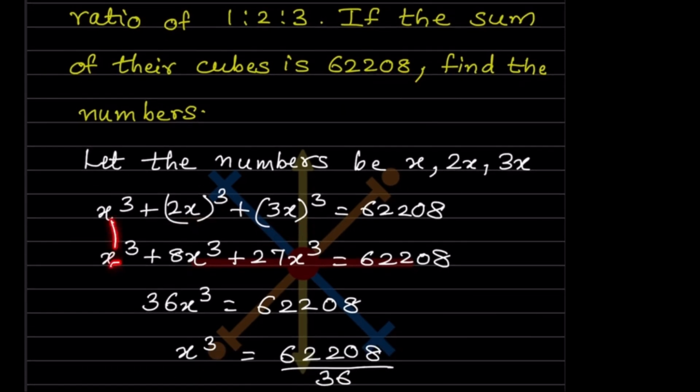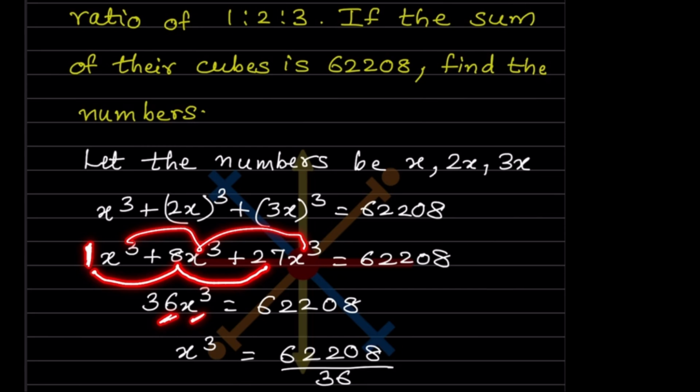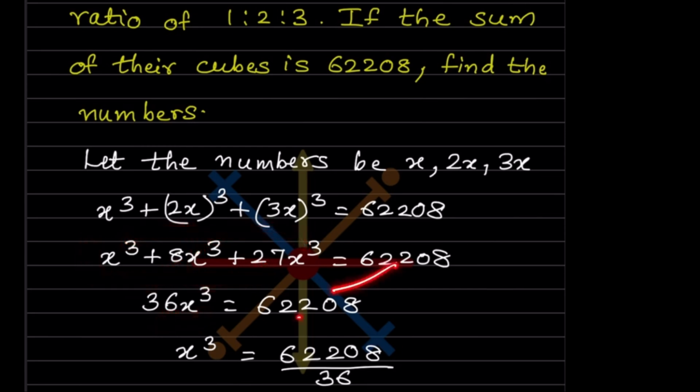So now, as I said, this will be x cube, and this will be 2 cube, which means 2 into 2 into 2, that is going to be 8x cube. 3 cube means 3 into 3 into 3, that is going to be 27x cube, and the number is the same. So when you add all this, here there is nothing, means there is 1. When you add this 1, 8 and 27, that is going to be 36, and x cube will remain in the bracket, equal to 62208.